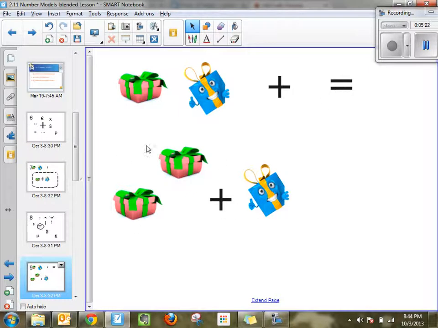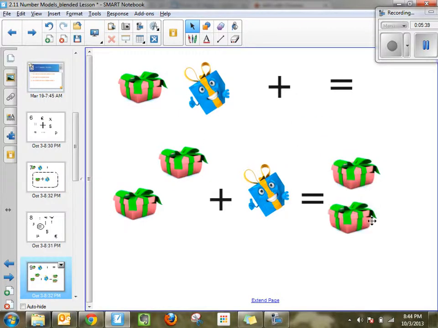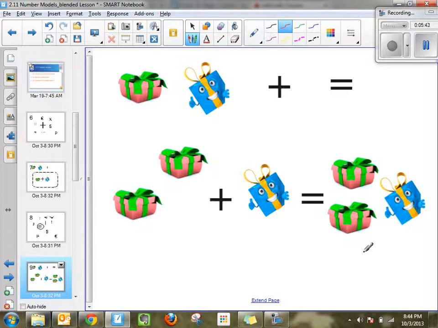Now this is not a complete number model because I don't have the equal sign. That's important. You have to have an equal sign. And this is still not a complete number model because I don't have an answer on the other side of my equal sign. You can see that I have 2 pink and 1 blue, but what does that equal altogether? So I had 2 pink and I had 1 blue, so we would say this is 1, 2, 3.